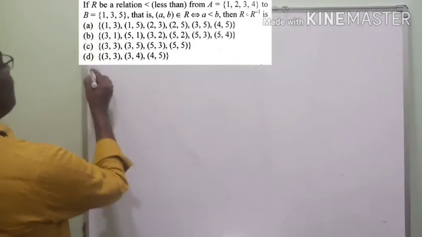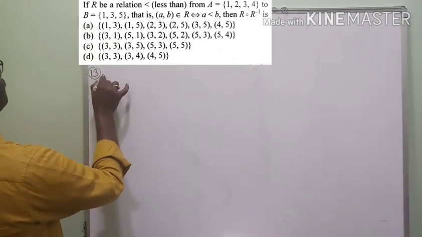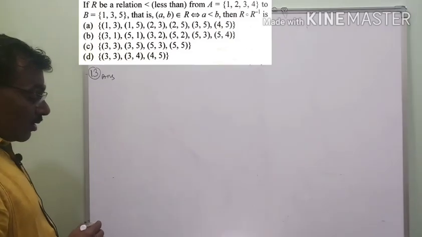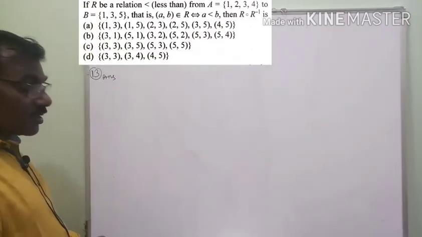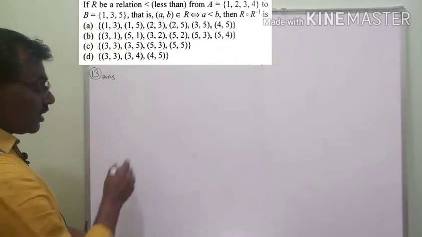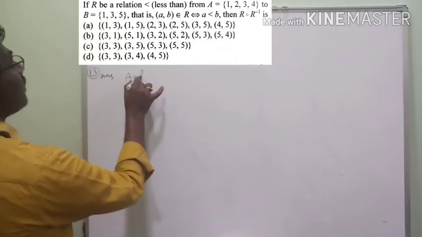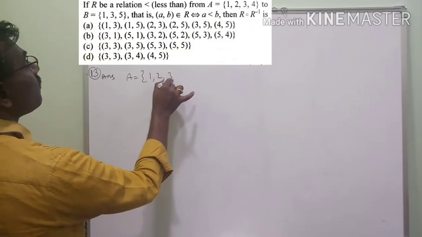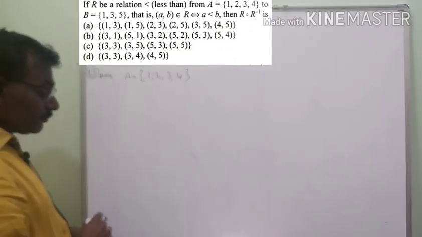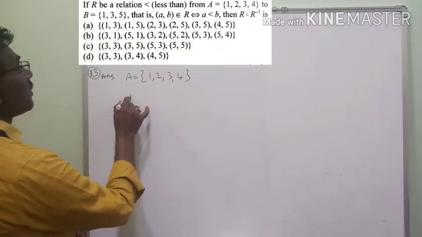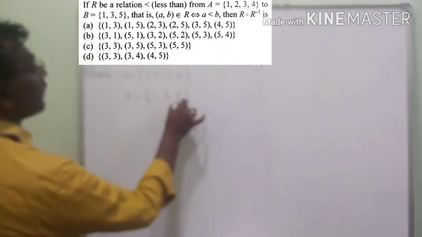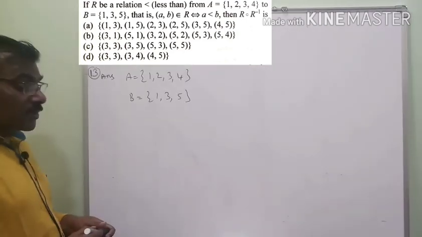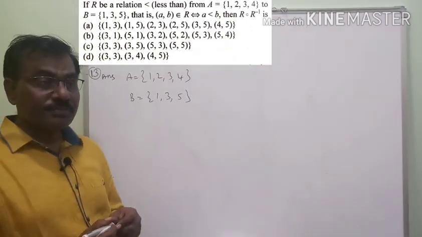Right. Problem number 13. If R is a relation from set A equal to 1, 2, 3, 4 to set B equal to 1, 3, 5, it is asking less than.